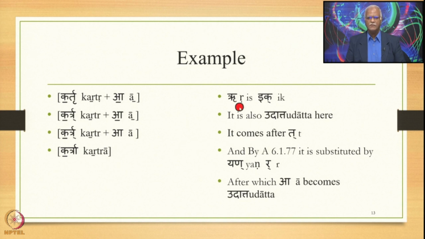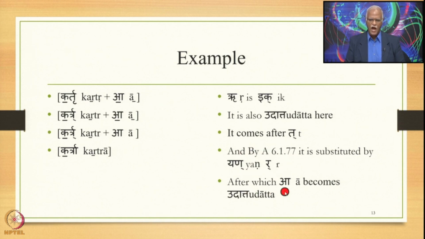Here we see that ru obviously is ik. It is also udatta here. We know why, because this is the truch suffix. Now this ru is coming after ta. So this is ru, this is ta. And by 6.177 it is substituted by yan. That yan in this case is ra.